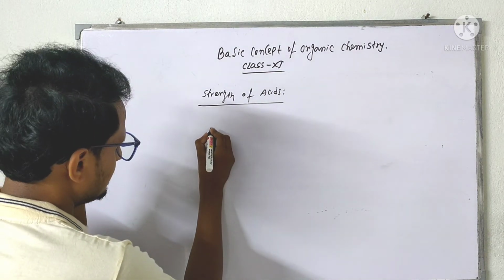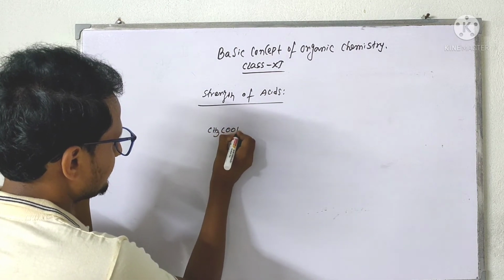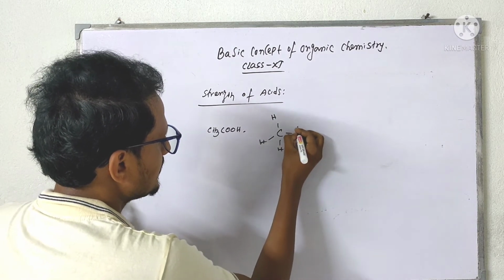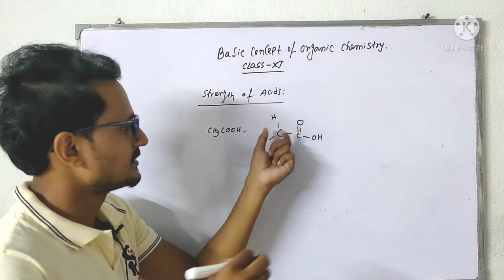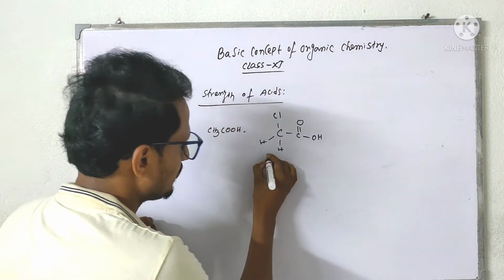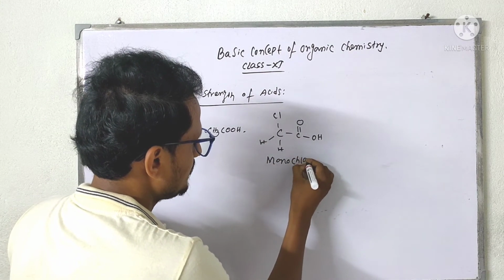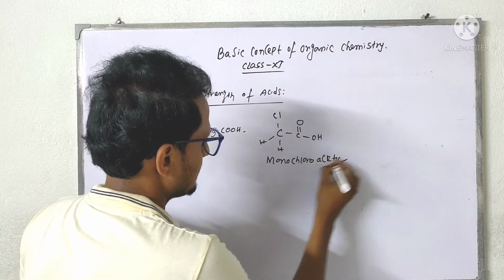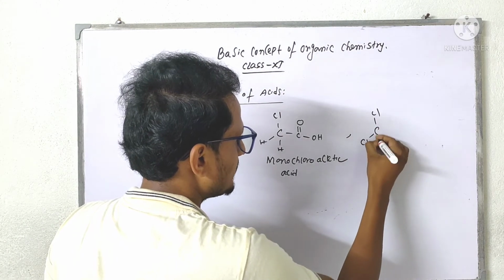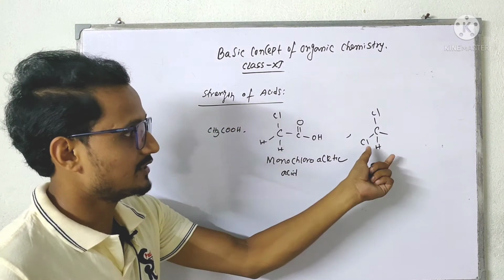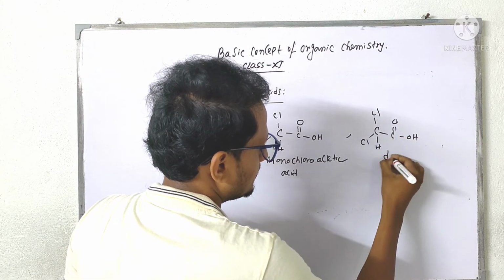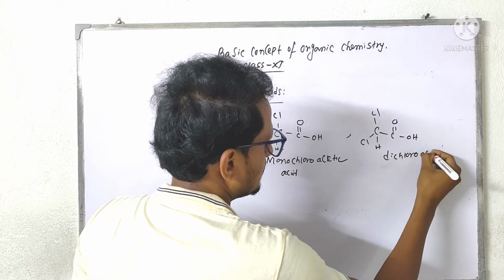We know acetic acid, this one is acetic acid. Now what I will do, I will replace each hydrogen of CH3 by chlorine. So this acid is monochloroacetic acid. Again, if I replace another hydrogen by a chlorine group, then we will get dichloroacetic acid.